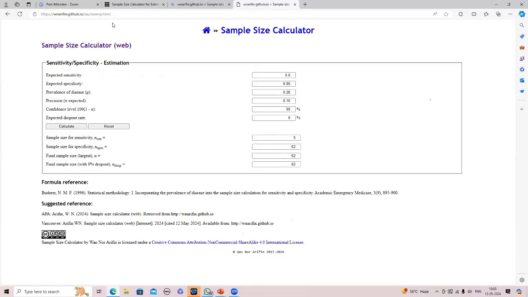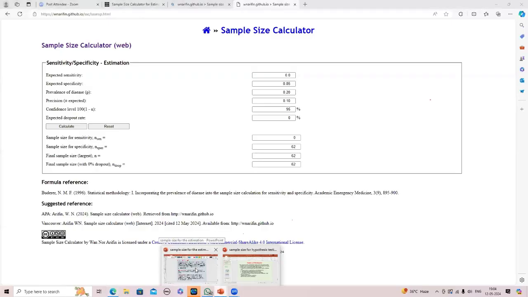You can download this software by typing "sample size calculator for web" in Google. This GitHub site is appearing, I think, one second.